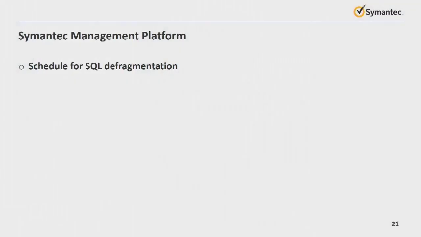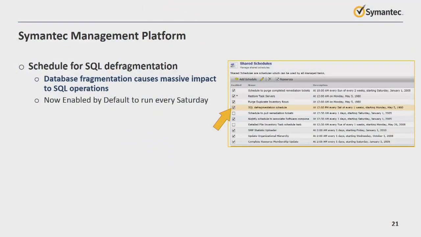Okay, so we're not forcing you to do this one. We're just saying, it's kind of like your mom or your dad saying, put your coat on, put your boots on. We have a schedule for SQL defragmentation. Okay, so we've noticed obviously it is the biggest impact to any of your environments. Okay, so having a fragmented database is a huge impact. So what we've done in here is we've enabled the SQL defragmentation process within the console.